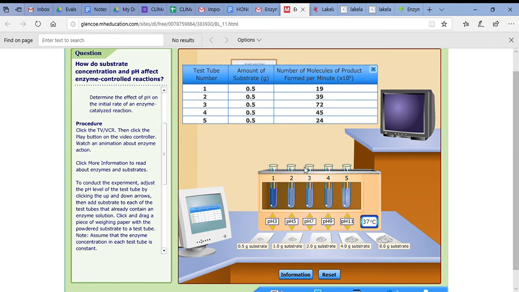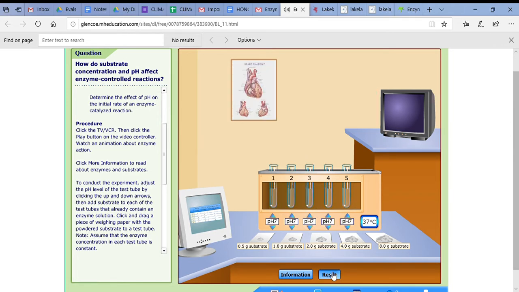Okay, let's reset. What happens if I do the same situation, but I add 1 gram? I double the concentration that I added before.